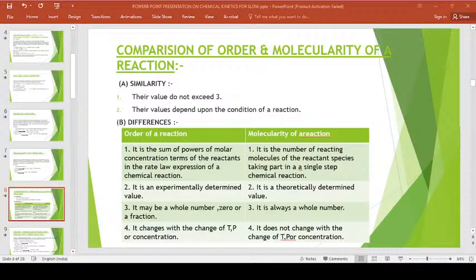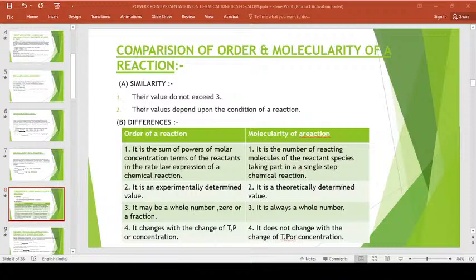So this hydrolysis of methyl acetate is also a pseudo-unimolecular reaction, because this reaction contains two reactant molecules, but the rate depends only on the concentration of methyl acetate, but not on water.